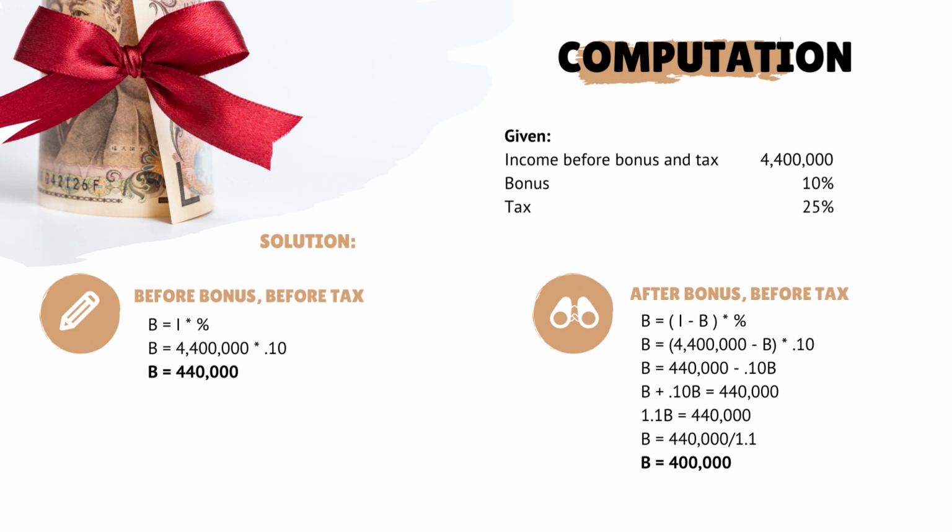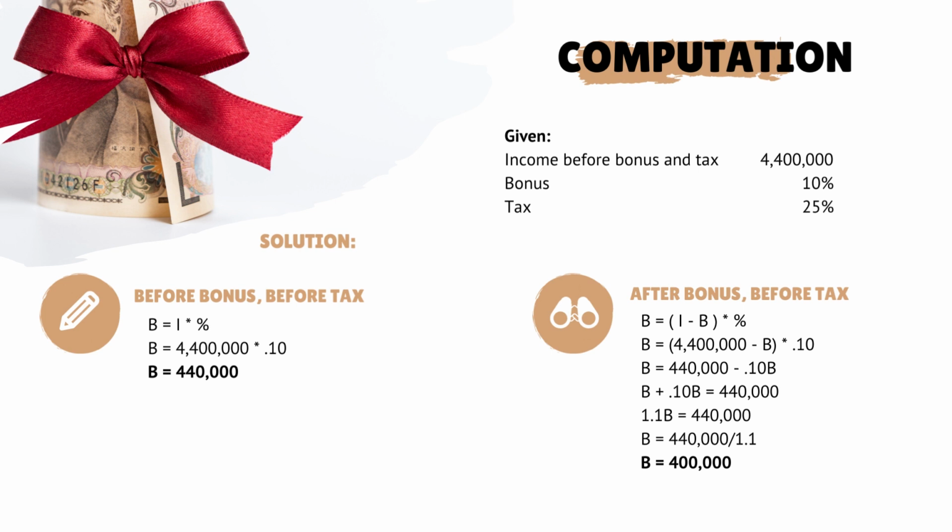Next, if after bonus but before tax. If there is an "after", meaning that is what you subtract. So after bonus, it is minus the bonus. So the income minus the bonus, and then whatever the amount, that will be multiplied by the bonus percentage.